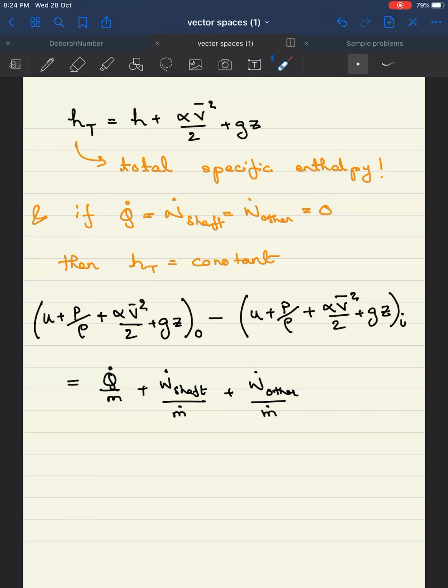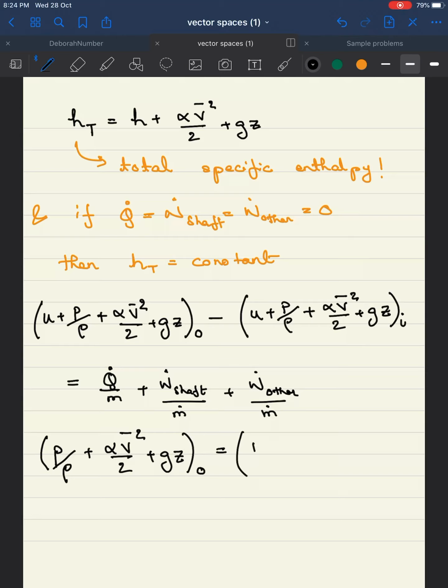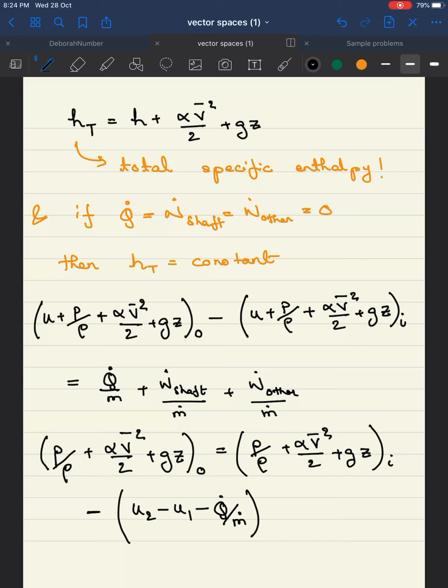So I can write P by rho plus alpha V bar squared by 2 plus GZ at the outlet is equal to P by rho plus alpha V bar squared by 2 plus GZ at the inlet, minus, and there's a reason why we're doing minus, Q dot by M dot, retaining the proper signs, plus W dot shaft by M dot and W dot other by M dot.